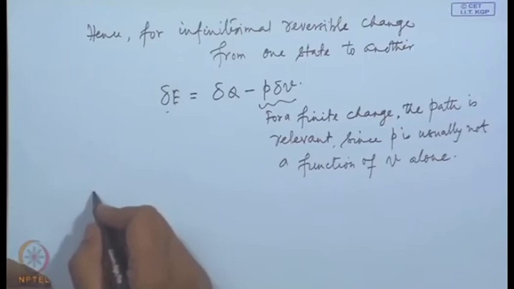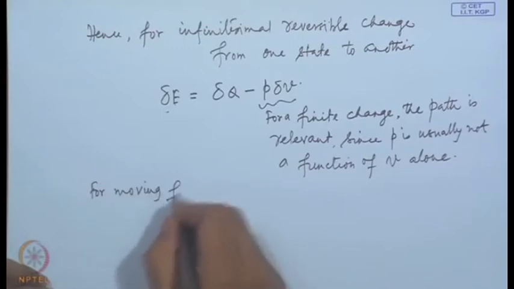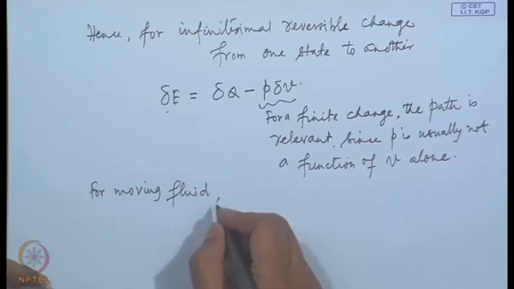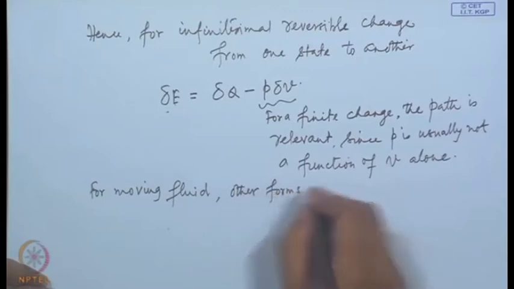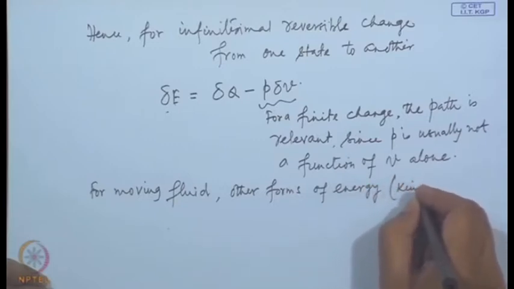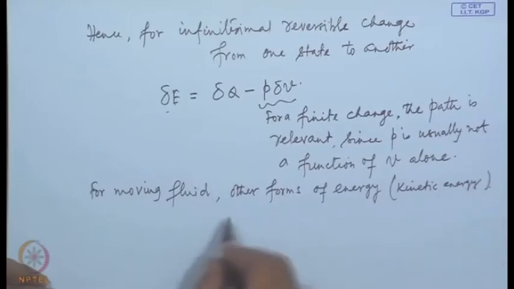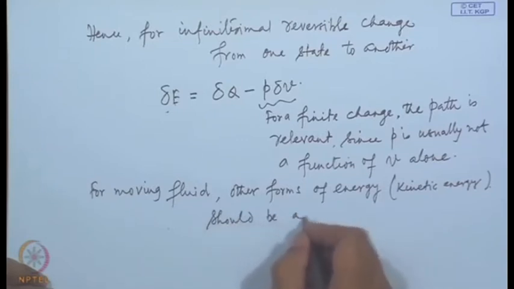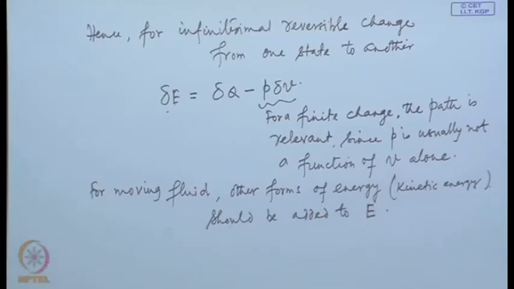So, you can write that for moving fluid, other forms of energy, say kinetic, should be added to E, and the equation is then the energy equation for flow.